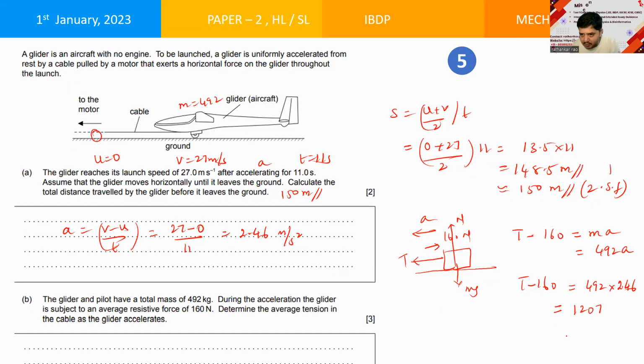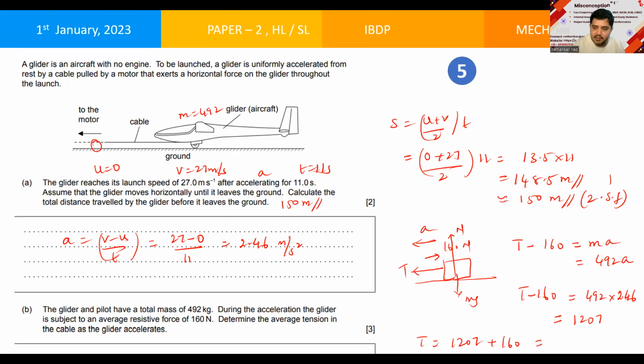I get this. Yes. Okay. Our T should now be equal to 1,207 plus 160, which is 1,367.